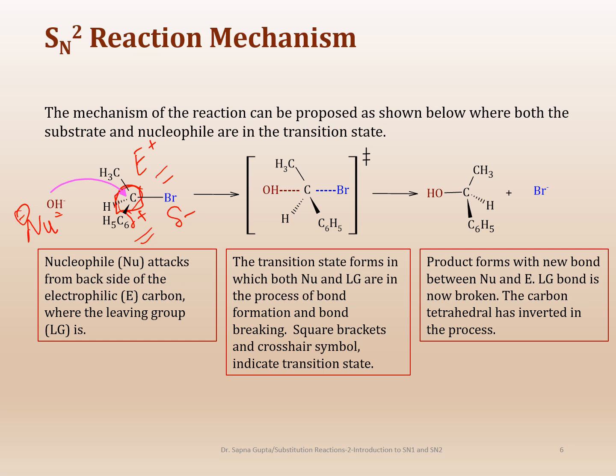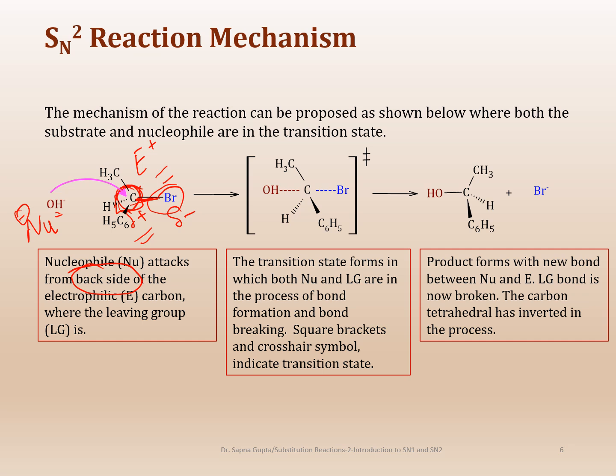So first of all, you have to understand, and that's why we need to know where the leaving group is, because wherever the leaving group is, that bond is the polar one. That's the one that's going to be the electrophilic carbon, number one, okay, about the substrate. Now, for the second part, it attacks from the back side. The nucleophile is attacking from the back side of the substrate. So why is it attacking from the back side?